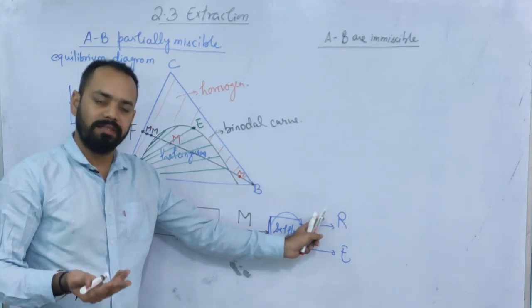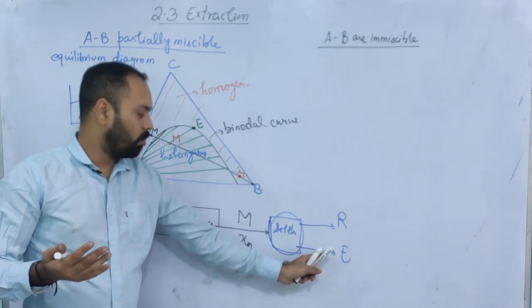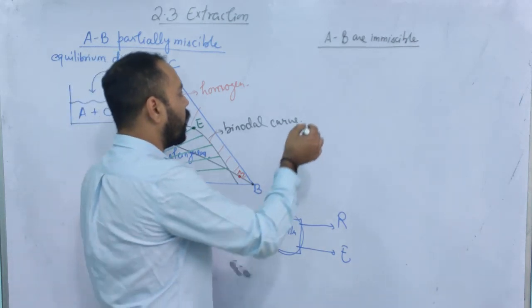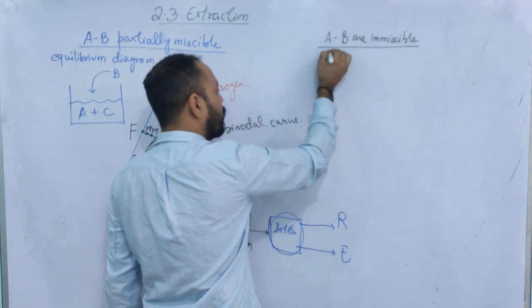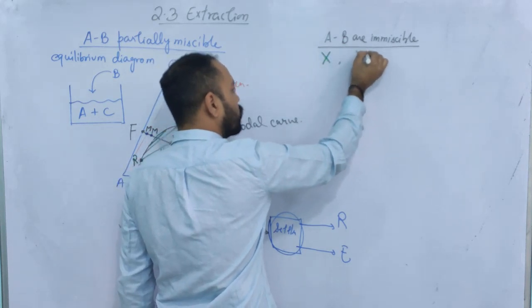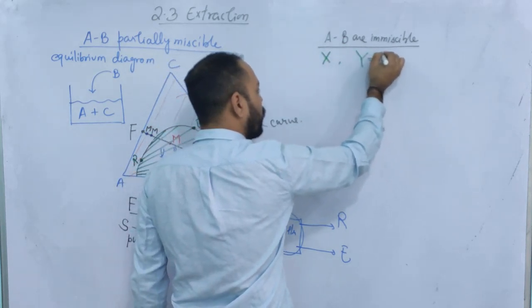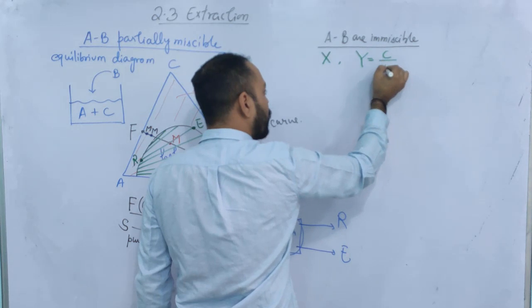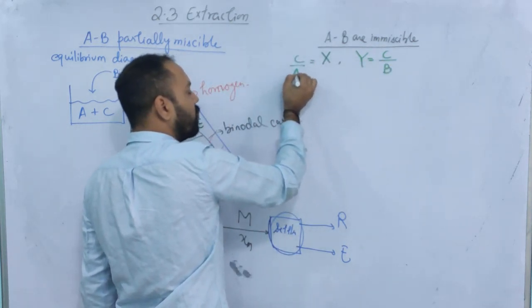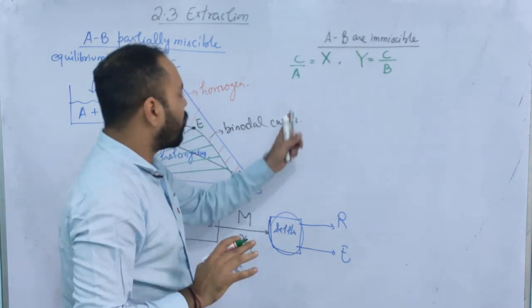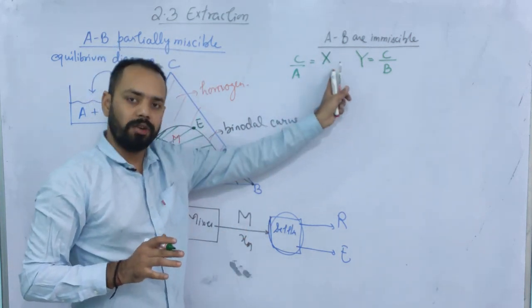Raffinate contains A and C, and extract contains B and C. Now in this case, first of all you should understand that I can define composition X and composition Y. So what is composition Y? It is mass of C by mass of B, and X is mass of C by mass of A. Fine. These are called solute-free concentrations.